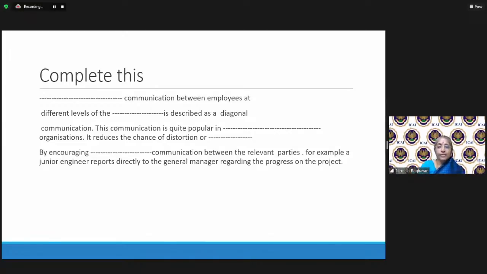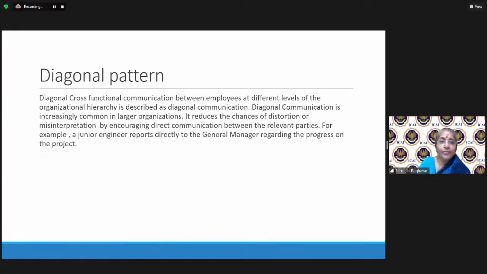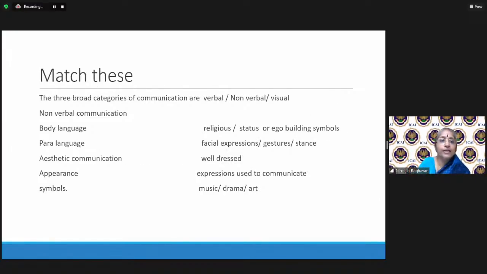Yeah, 2 minutes done. You must have finished. Okay, now let me move. This is a diagonal pattern that's done.